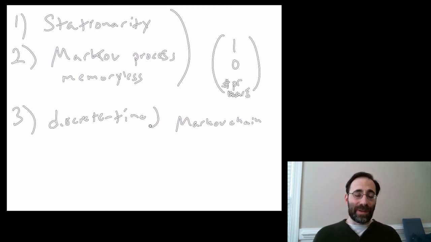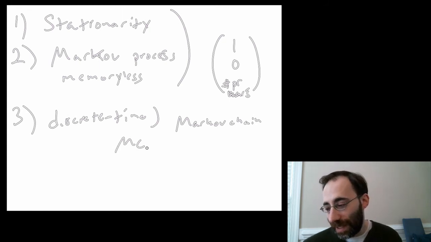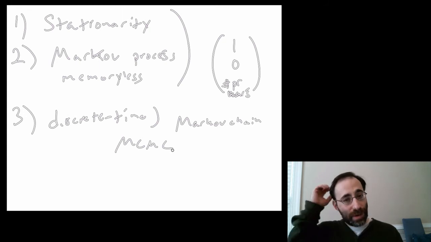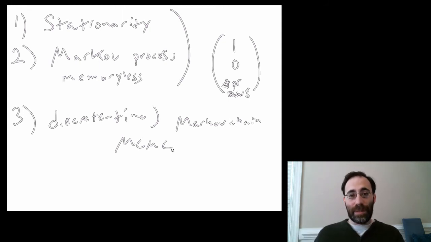And that's really, really rough. You'll learn a lot more about this in your stats classes. But Markov chain Monte Carlo, often abbreviated as MCMC, and there are packages in your stats programs to apply this type of approach.